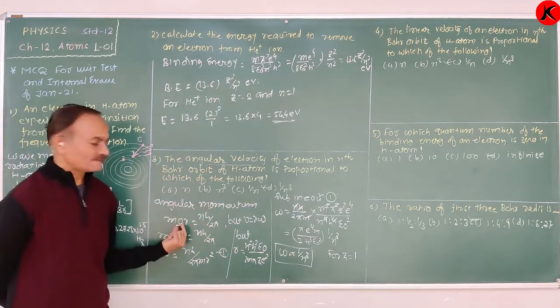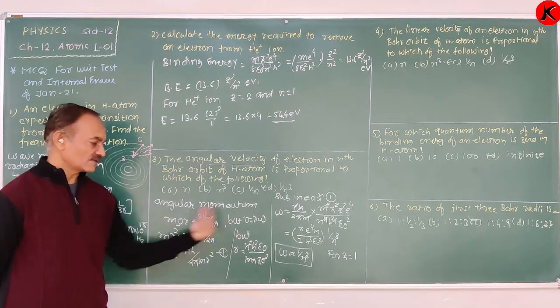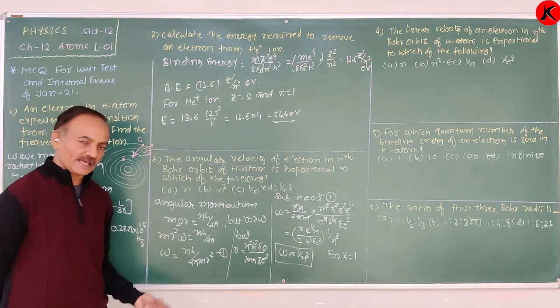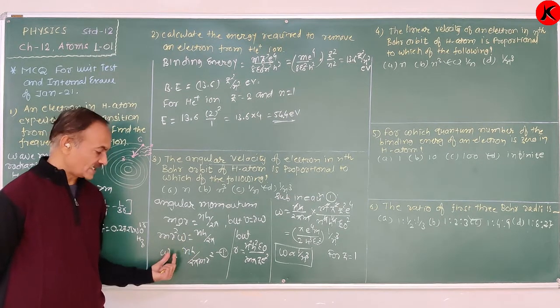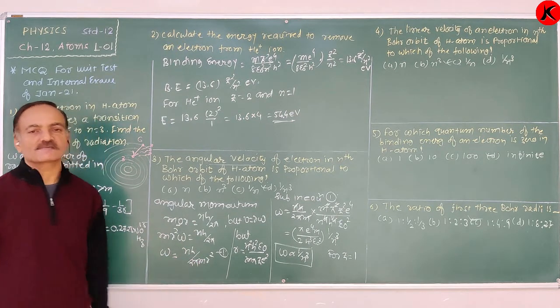From Bohr's first hypothesis, mvr is equal to nh upon 2 pi. v is equal to r omega. Therefore m r square omega is equal to nh upon 2 pi. We are interested only in angular velocity. Therefore omega is equal to nh upon 2 pi m r square. That is equation 1.